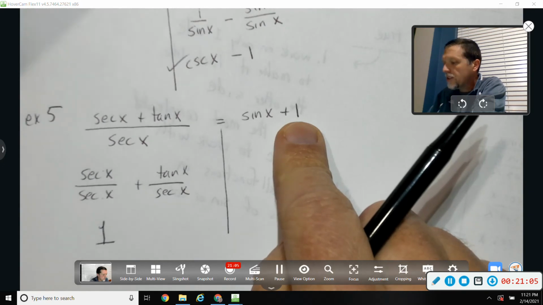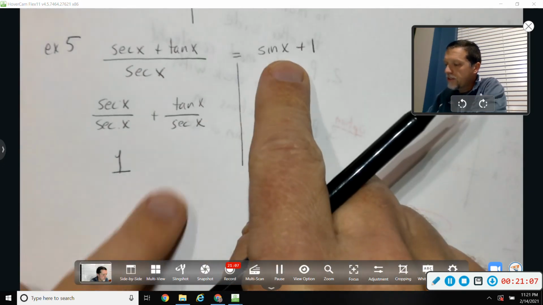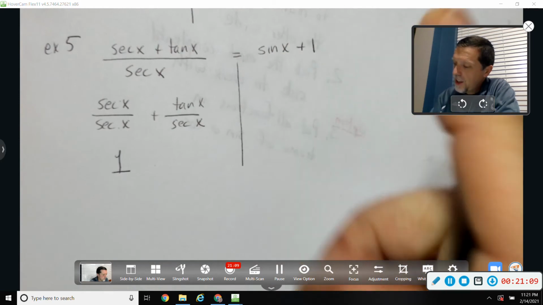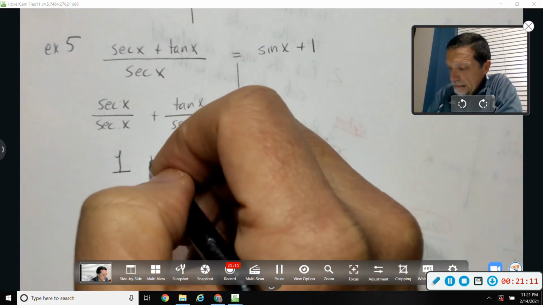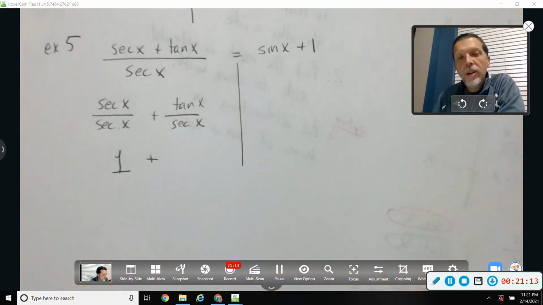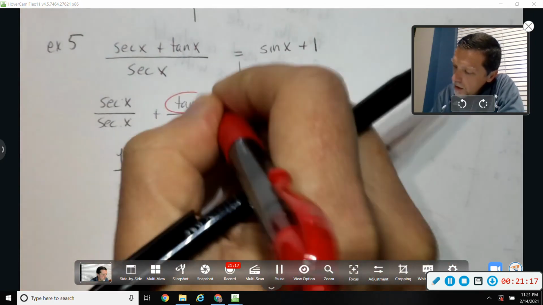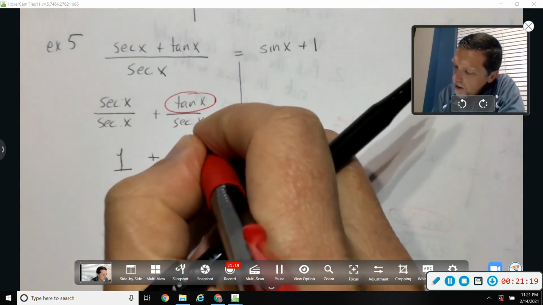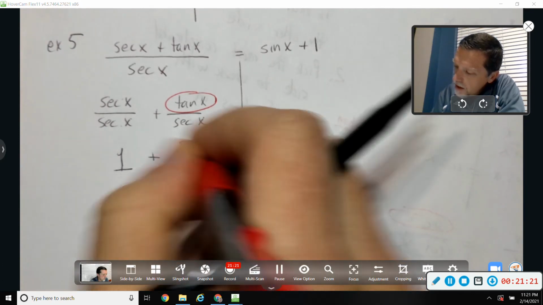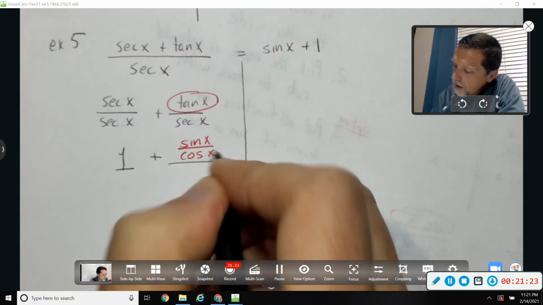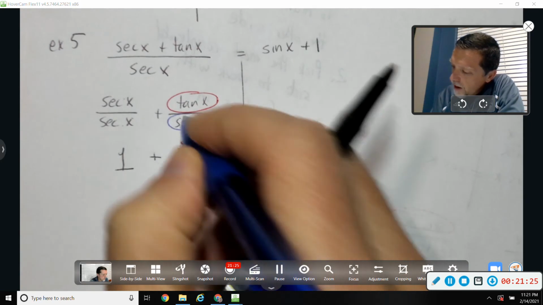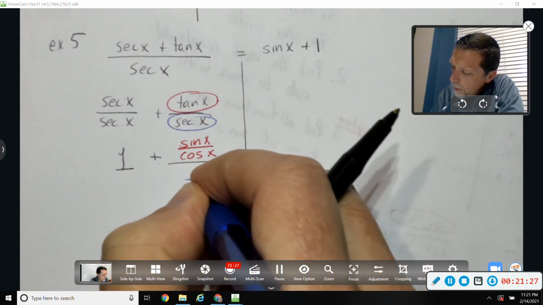Now, how does tangent over secant equal sine? Let's write everybody in terms of sines and cosines and see what happens. Tangent I can write as sine over cosine. Secant I can write as 1 over cosine.